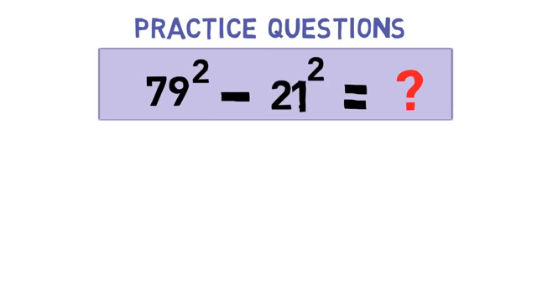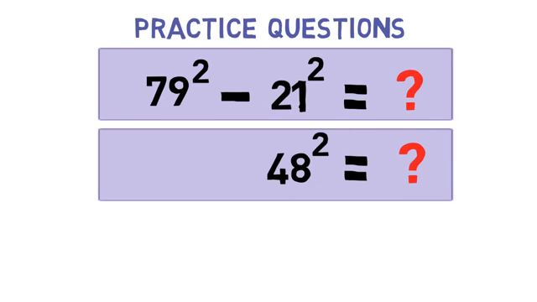Now it's time to give you some homework. You need to solve all the basic questions without using a calculator and with formula. Do not try to solve directly. So the first question is 79² - 29². Let me give you a hint. This is in the form of A² - B².